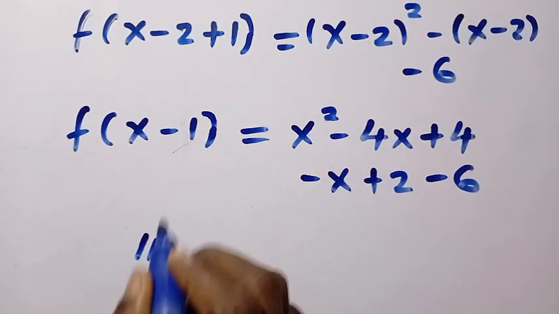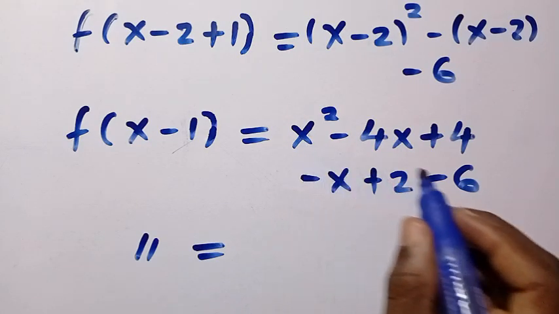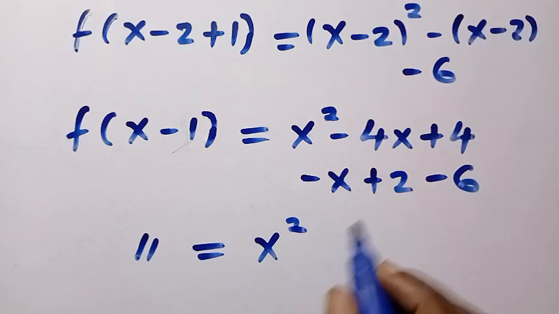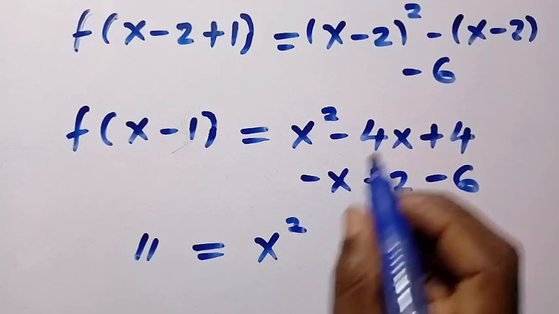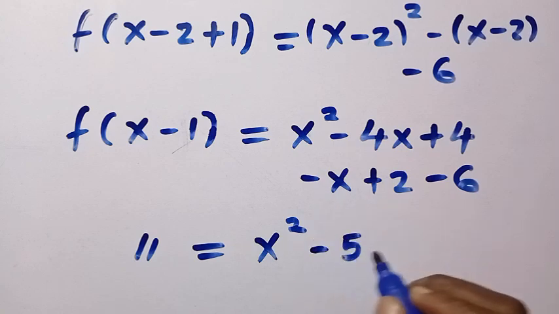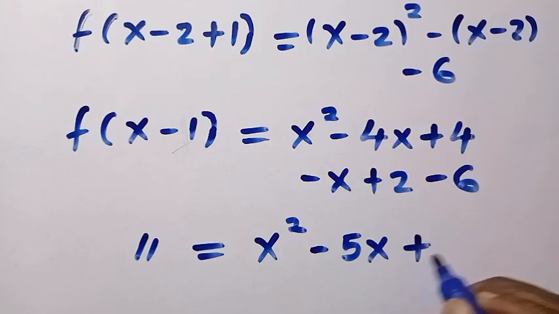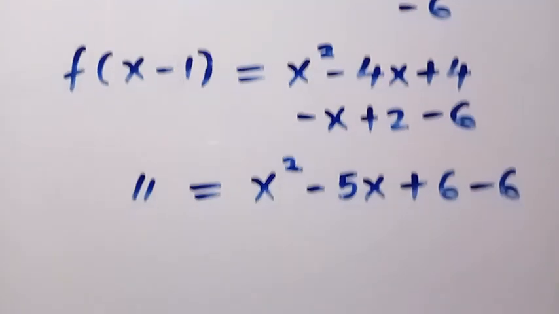On this side we have f of x minus 1, which equals x squared. Here is minus 4x and this is minus x; minus 4x minus x gives us minus 5x. We have 4 plus 2, that is 6, then minus 6.